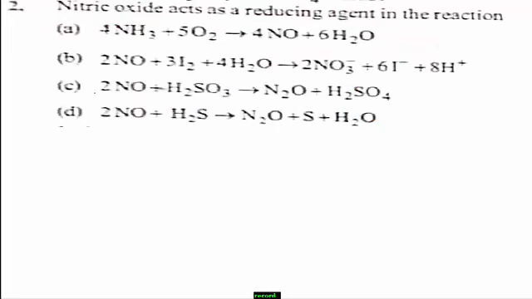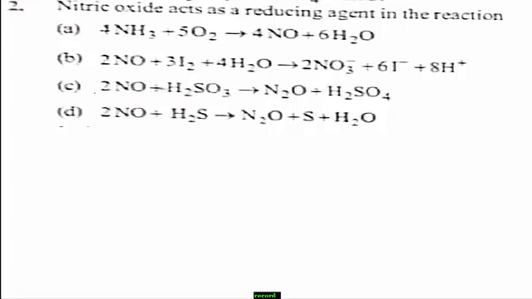Next, question number 2. Nitric oxide acts as a reducing agent in the reaction. Among the given reactions, nitric oxide acts as a reducing agent. Students, they gave some reactions. Option A: 4 moles of NH3 reacts with 5 moles of O2 gives 4NO plus 6H2O.